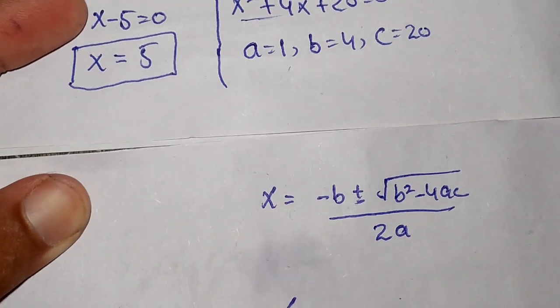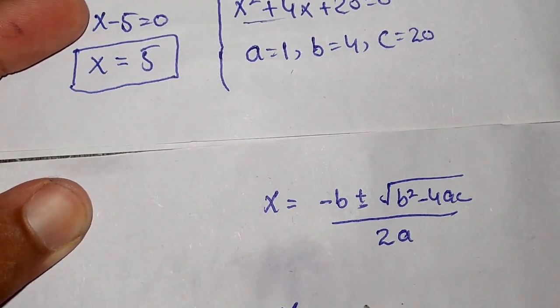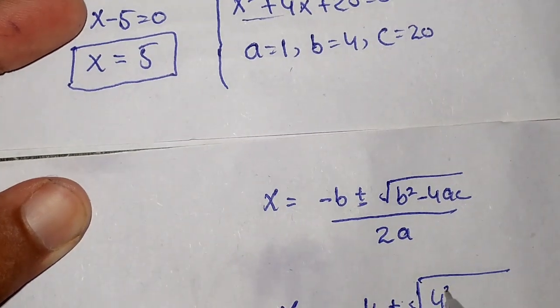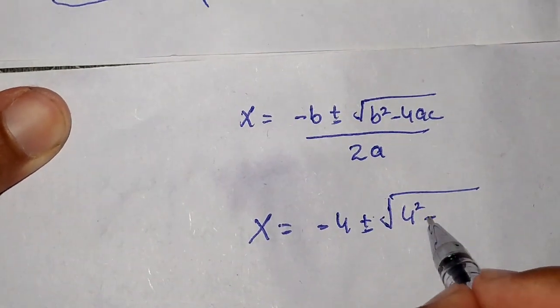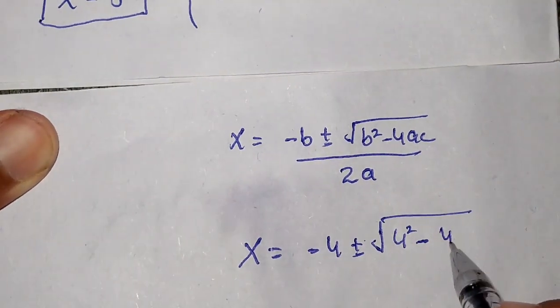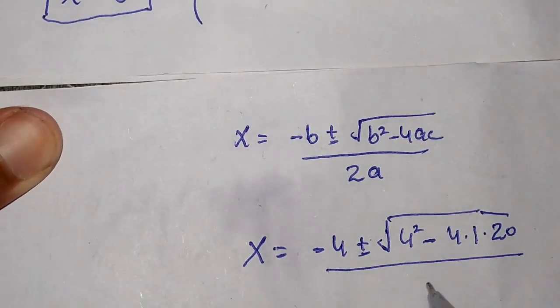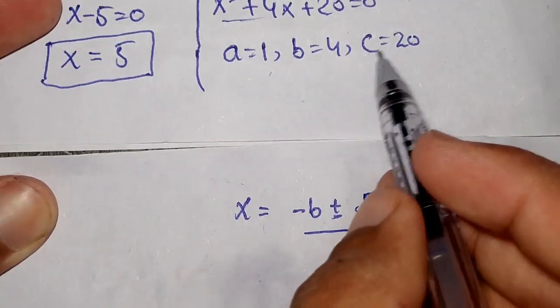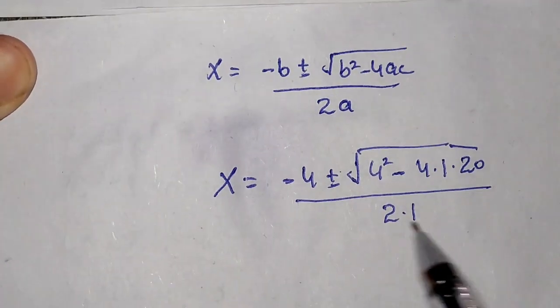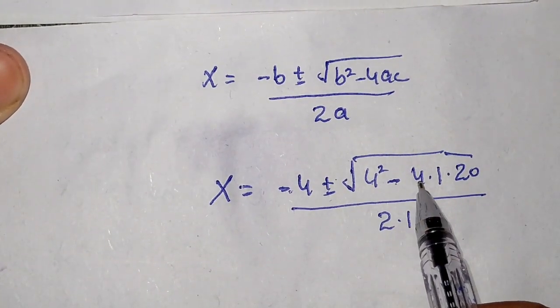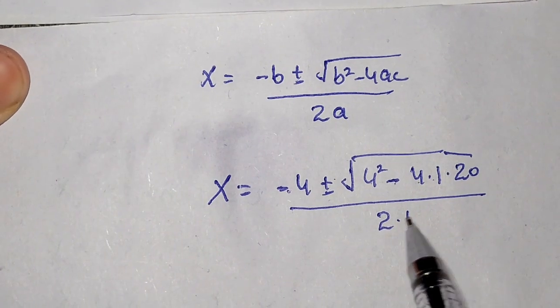So this will become x is equal to minus 4 plus minus square root of b square, which is 4 square, minus 4ac. So 4 times a is equal to 1 and c is equal to 20, over 2 times 1. So this will become minus 4 plus minus square root of 4 square minus 4 times 1 times 20 over 2 times 1.